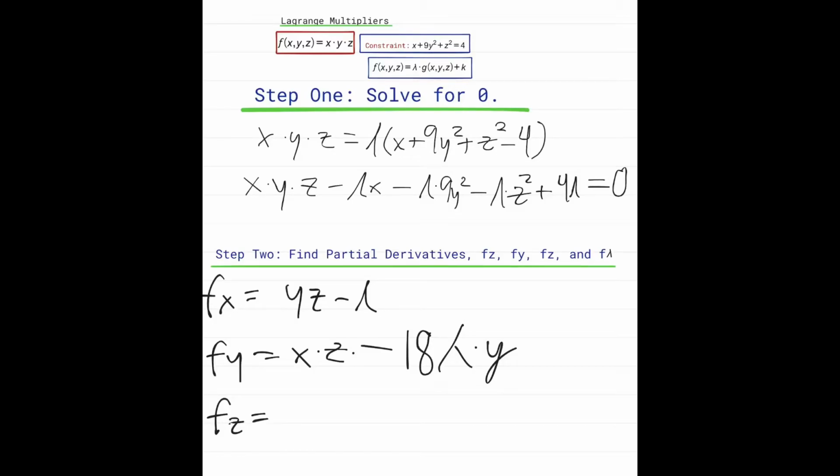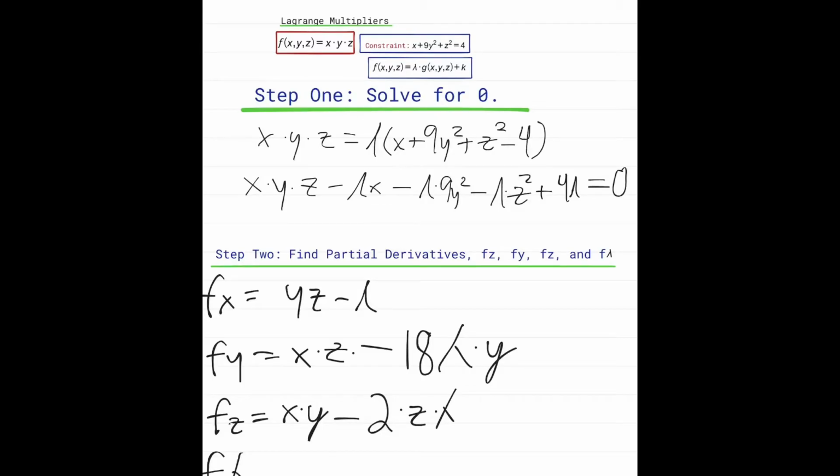And for the partial with respect to z, we have x times y, because those are constants. And then we have minus lambda times z squared, so the derivative of that with respect to z would be minus 2 times z times lambda.